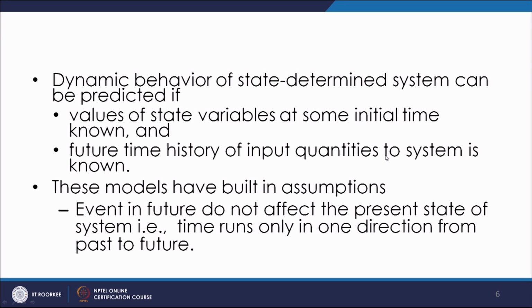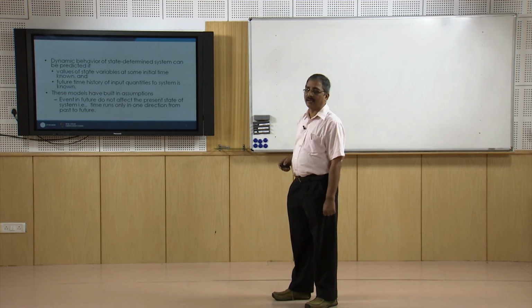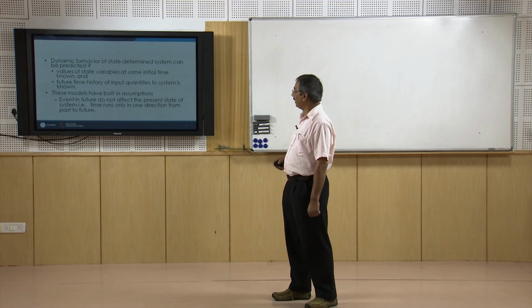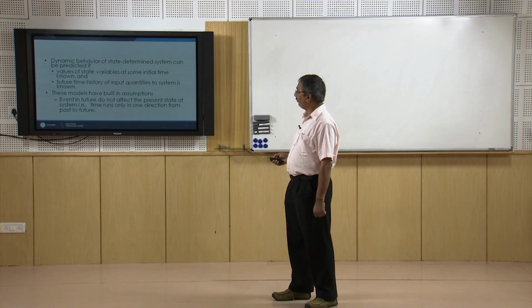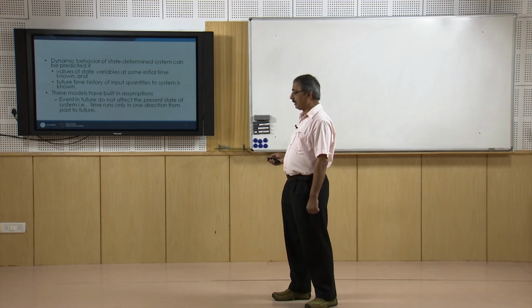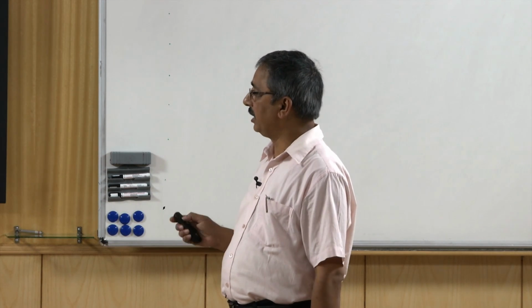If we have these two things, then we can predict the dynamic behavior of state determined systems. Basically, we need to know the time history of the inputs coming into the system and the values of the state variables at a certain initial time.